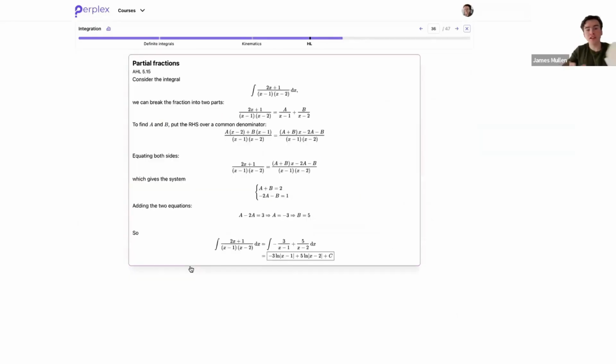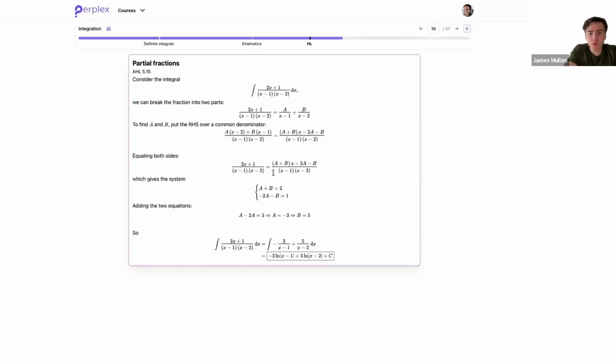Another type of integral technique that you need to know is how to use partial fractions. So I want you to consider the integral of 2x plus 1 over x minus 1 times x minus 2. I can break that down into the sum of two fractions, something over x minus 1 plus something over x minus 2. If I put that over a common denominator and cross multiply, I get a plus bx minus 2a minus b.